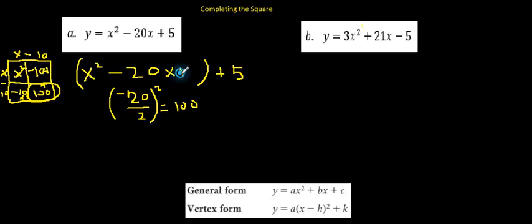So we add 100, and what this makes is a perfect trinomial square, which is x minus 10 times x minus 10. But since we added this 100 here, we have to balance it out, so we subtract 100 as well.